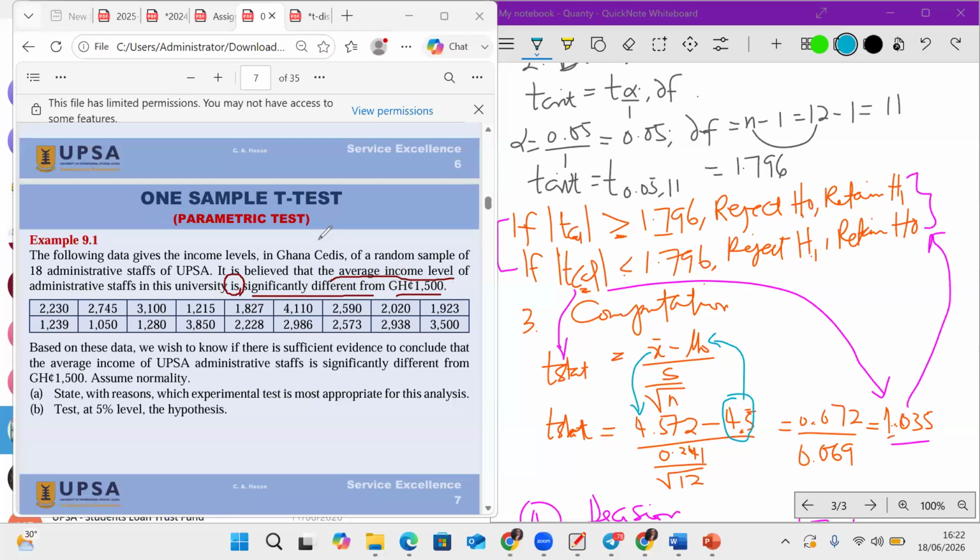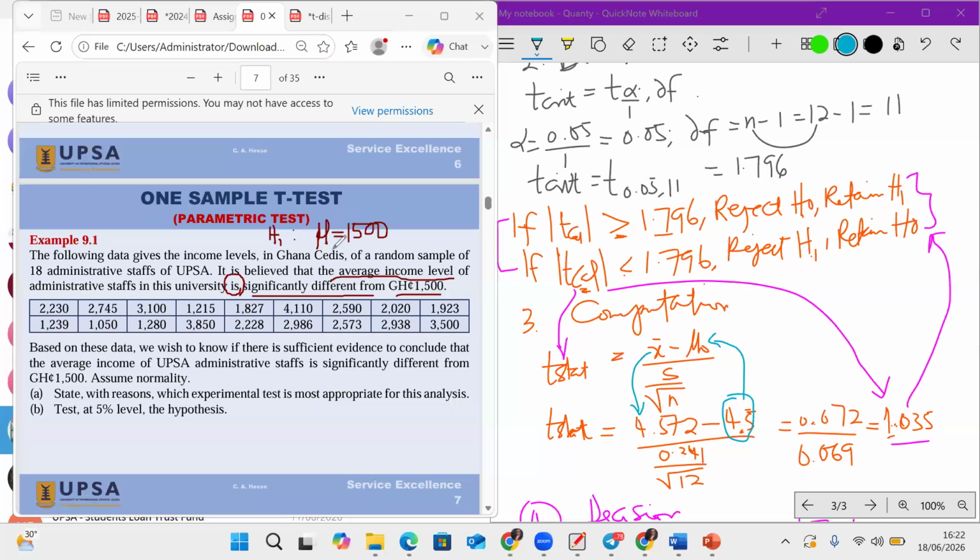So here the mean will be mu. This is called the alternative. Always they'll give you the alternative, what their perception is, what they think it is. Significantly different from means it is not. So mu is 1,500, and if we know mu, then this is the H1, the alternative.